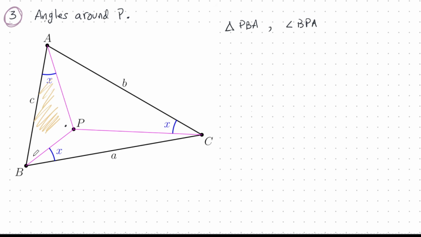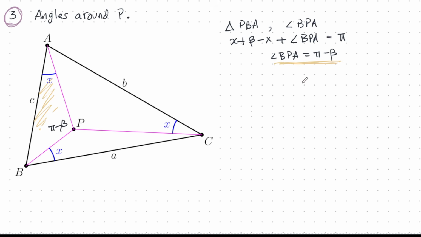That's triangle PBA and angle APB. So what is this angle APB? Well, this angle here is beta minus x. So now I can add these things up, and they have to add up to pi. This must be true, but the x's cancel out, and I get angle BPA is pi minus beta.